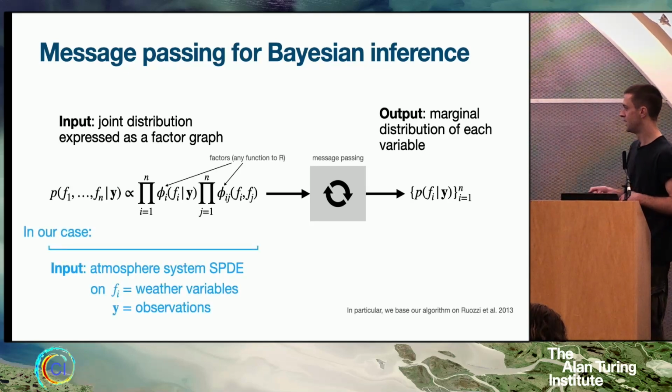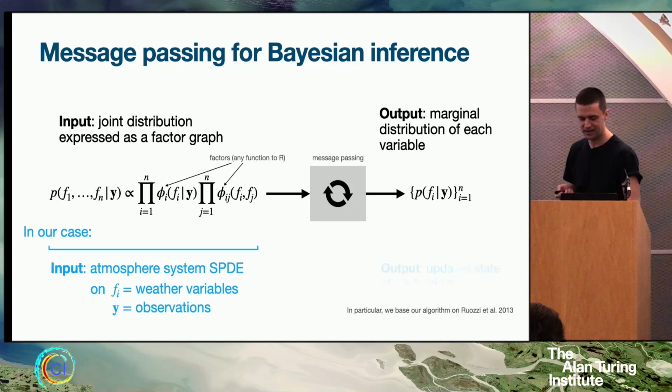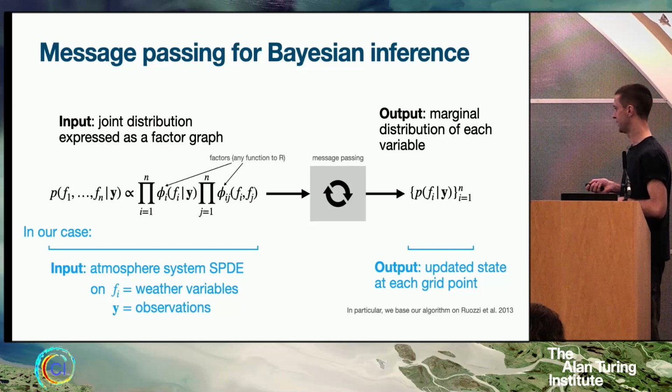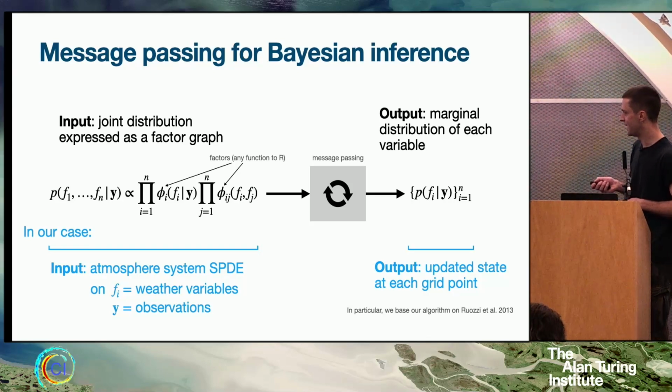So what does this look like in our case? For the input, we express the SPDE that's encoding our atmosphere simulator in this form, where these F things are all of the weather variables, and the Y's are the observations. At the end, we get out the updated state of each weather variable, so the updated state at each grid point. And what is this representation here? You can see that this is encoding a graph on the weather variables.